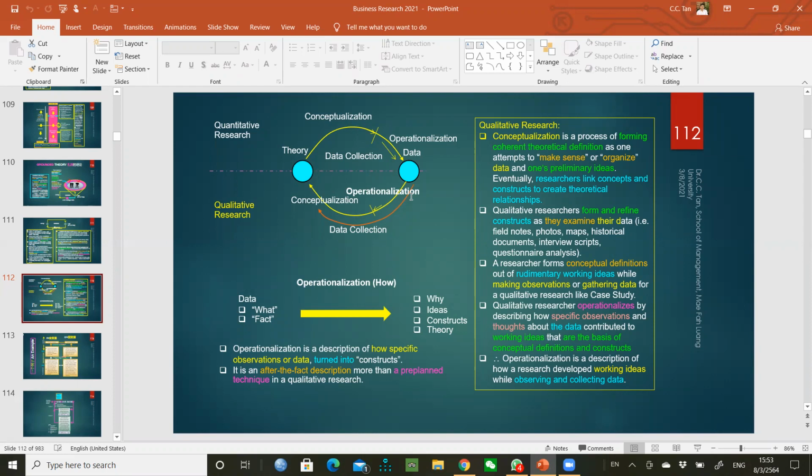Through this conceptualization, things are slowly moving from the data world, the empirical, to the theoretical world, and so most of the quantitative research is in that domain.